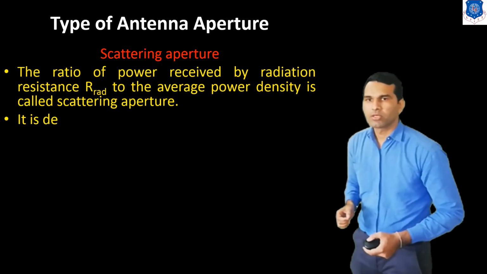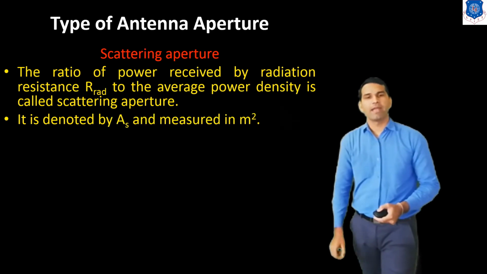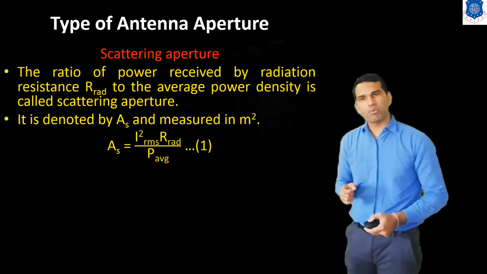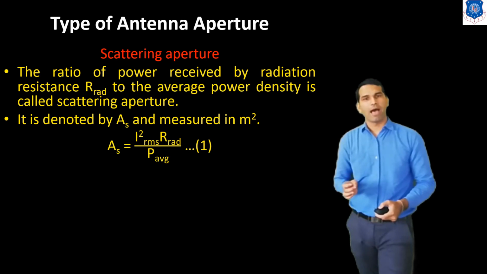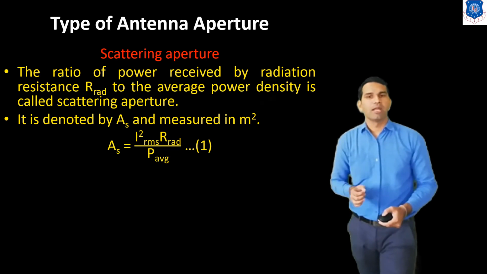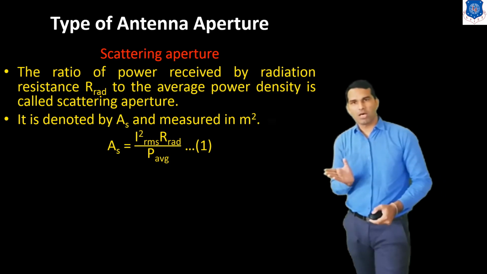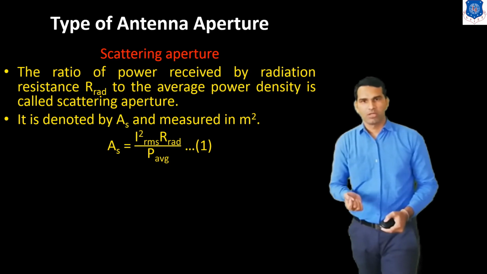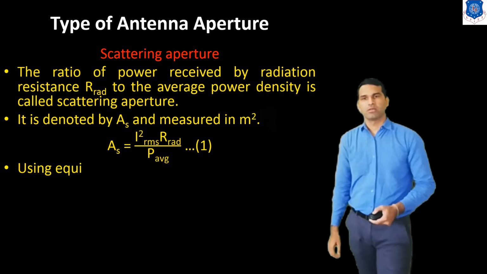It is denoted by AS and measured in meter square. The equation is AS equals I square RMS into R radiate upon P average. So the ratio of the radiating resistance and the average power is known as the scattering aperture.